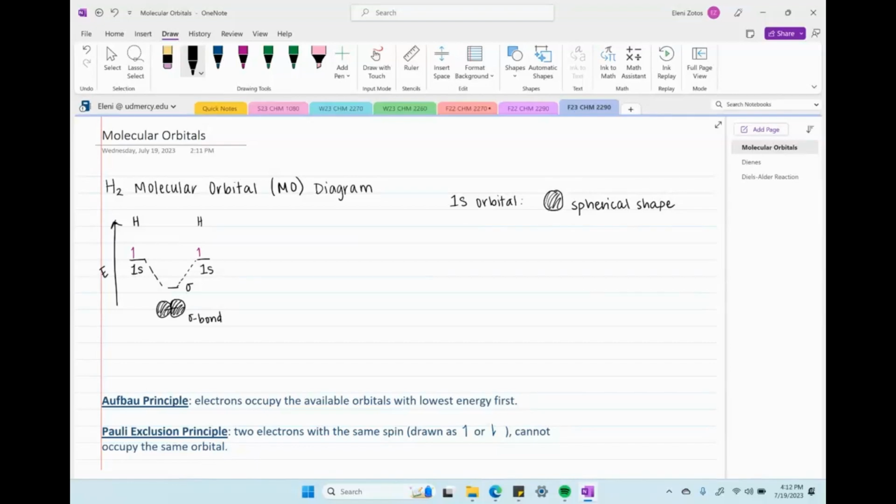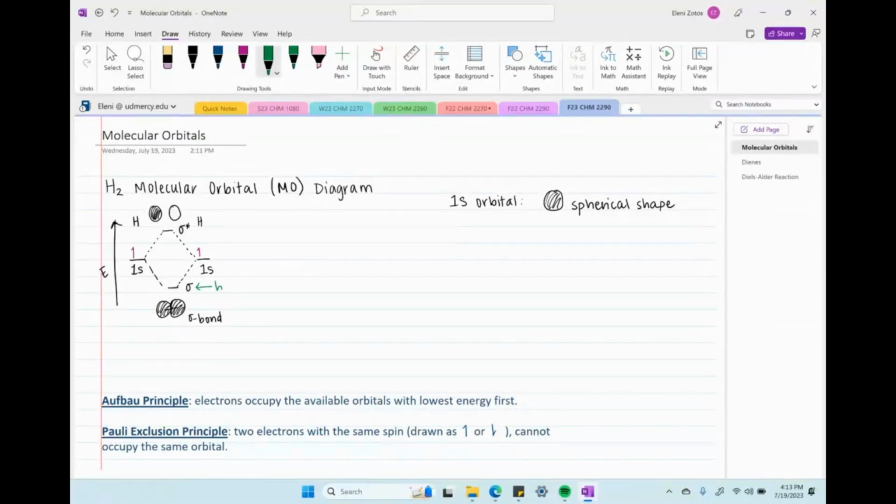It's possible that the electron from one hydrogen can be in phase, and then the electron from the other hydrogen we say is out of phase, and we can denote that by not shading the 1s orbital. And these two 1s orbitals now cannot overlap, and so they create an anti-bonding orbital, which is higher energy than the atomic 1s orbitals, and we denote that as a sigma star.